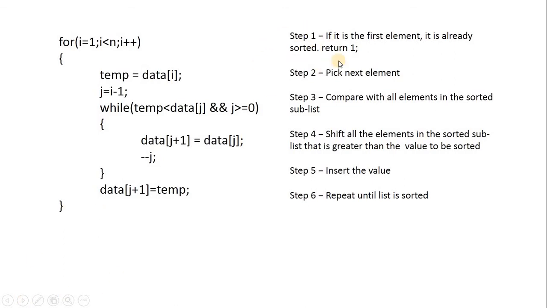We have to write a for loop till all the places have been sorted, and within that the first element has to be compared with the 0th element, the second element has to be compared with the first and 0th element, the third element with the second, first, 0th element, the fourth element with the third, second, first, 0, and this process goes on.